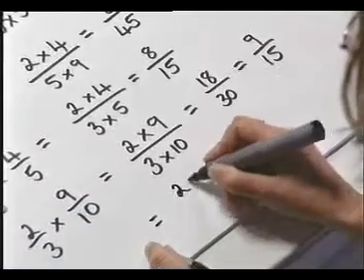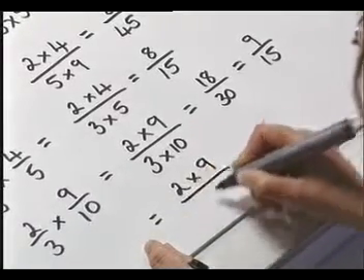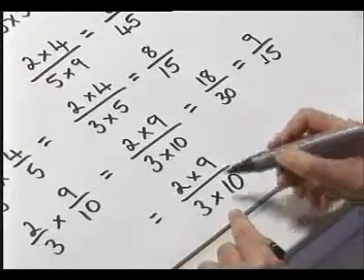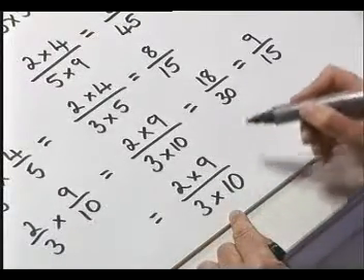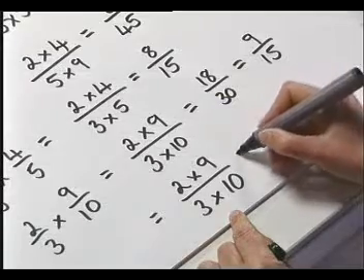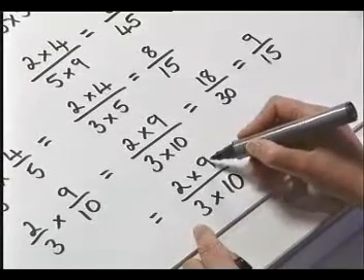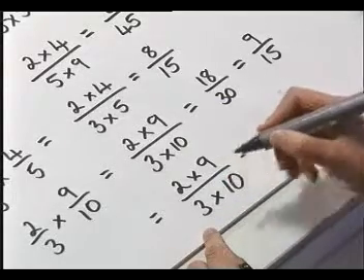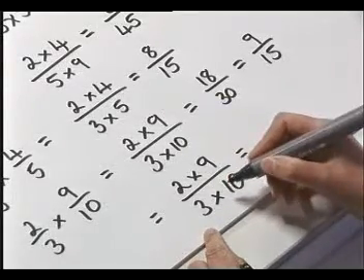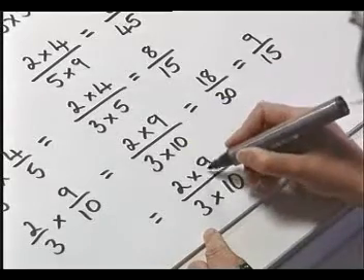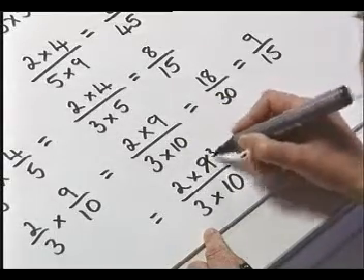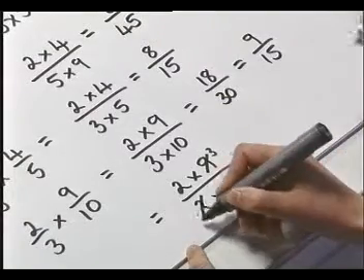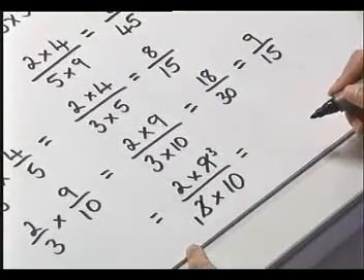But let's just look back at this stage. If I write it out again, we could have avoided that, because what we can do is some cancelling before we actually do the calculation. We can see we've got a 9 here and a 3 here, so we can divide both the numerator and the denominator by 3. When we divide the numerator by 3, 3 3s are 9, goes 3 times. When we divide the denominator by 3, it goes once.